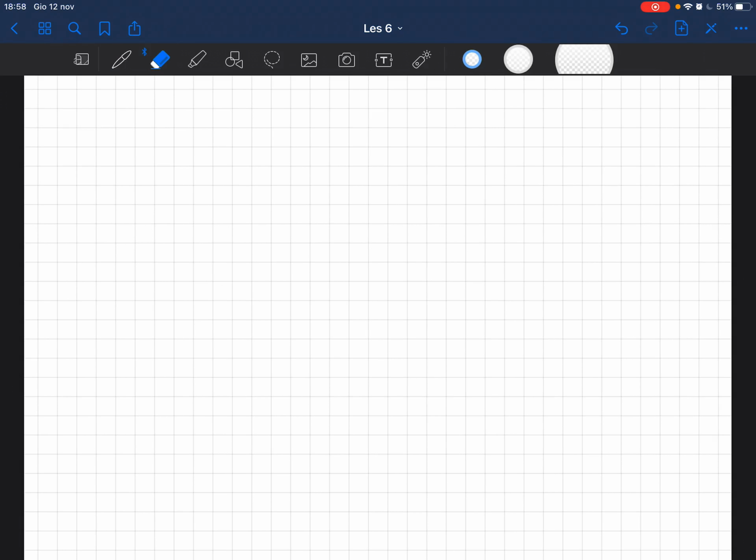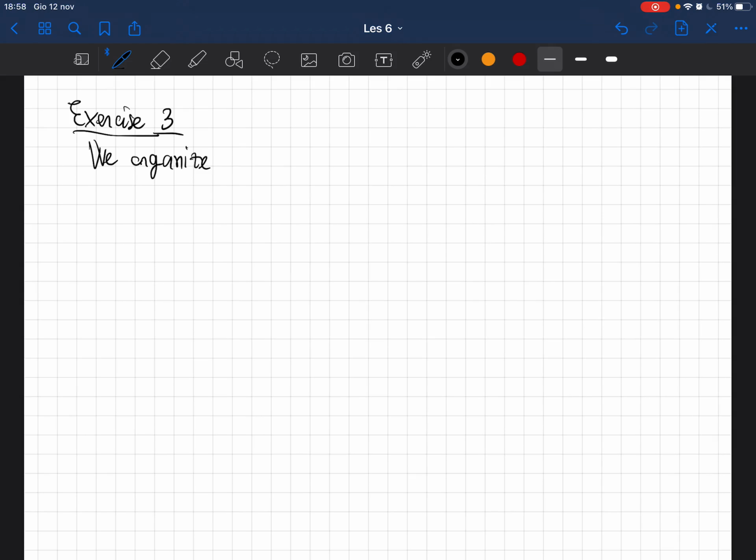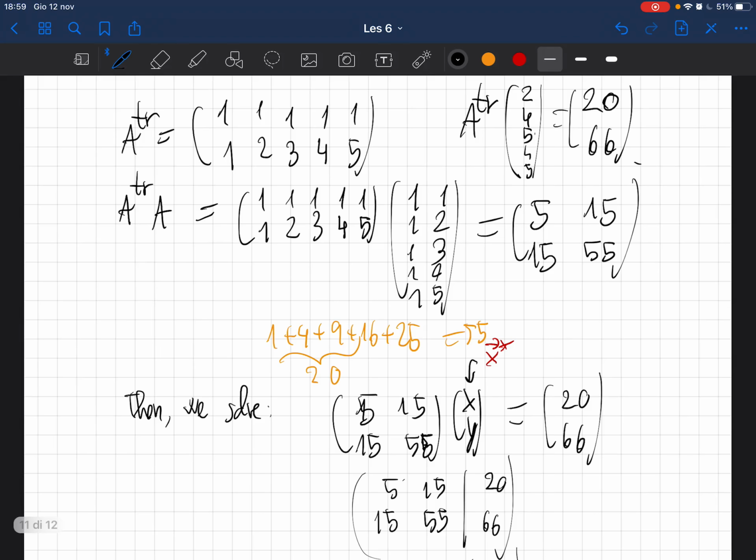Okay. I'm going to write a quicker solution here. Exercise 3. Okay, so the point here is organizing the data. So let's just be clear about this. We organize the data with the following matrix A. This is what is it?